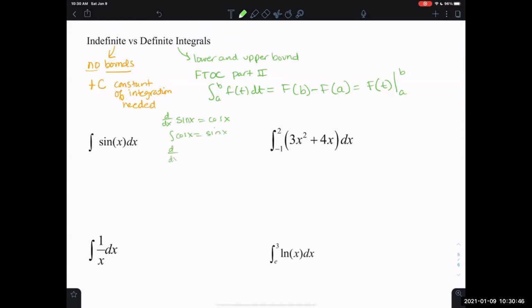And if we think d dx of cosine x is negative sine x, the antiderivative of sine has to be the opposite of cosine, okay?